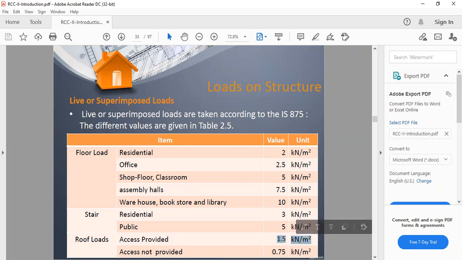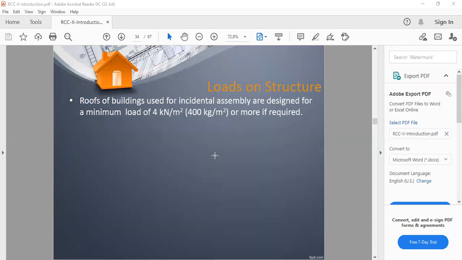If access is not provided, then very rarely people may access that roof. In that case, you can take 0.75 kilonewton per meter square. That is how the live load is there. Again, a roof of a building used for incidental assembly is designed for a minimum live load of 4 kilonewton per meter square.